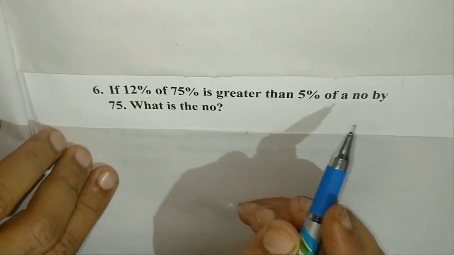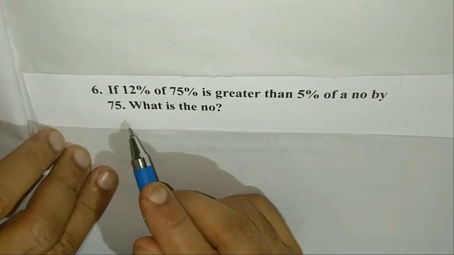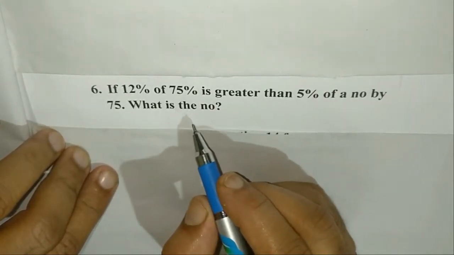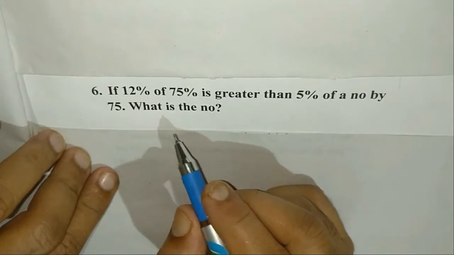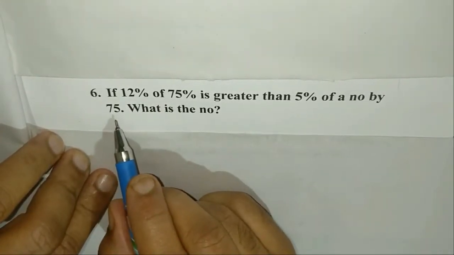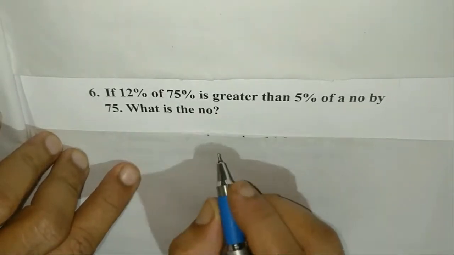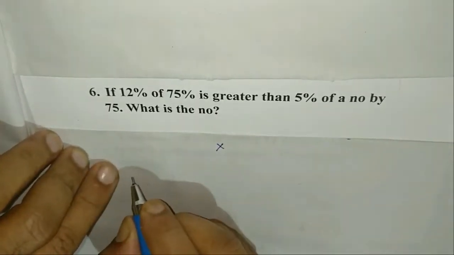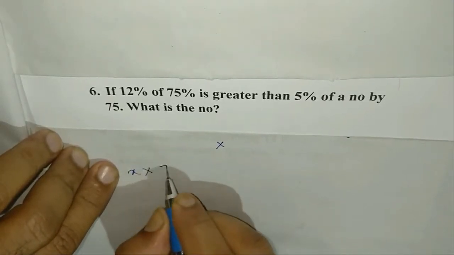What's the statement? If 12% of 75% of a number is greater than 5% of the number by 75, what is the number? So the statement says that if we calculate 12% of 75% of a number and then subtract the 5% of the same number, we'll get 75. Let us assume the number as x.